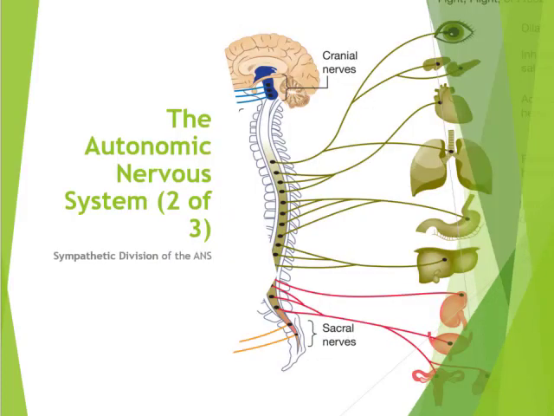The sympathetic division of the autonomic nervous system controls functions that accompany arousal, the expenditure of energy. It also coordinates fight and flight or freezing in response to a stressor.